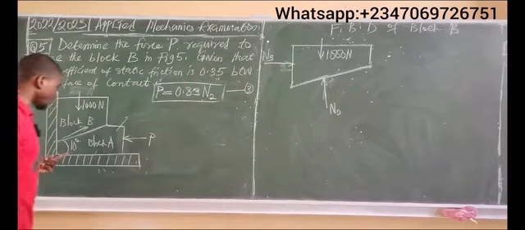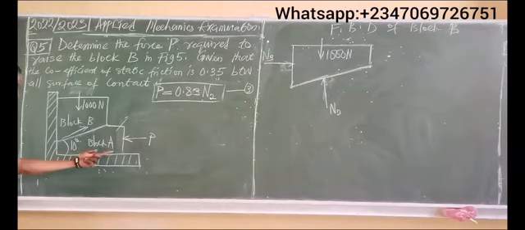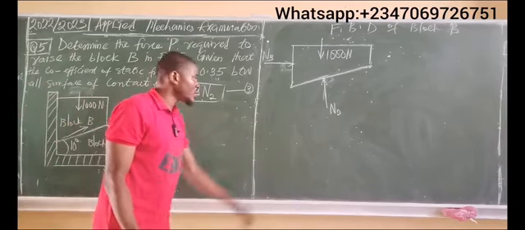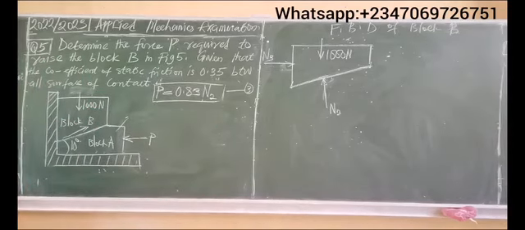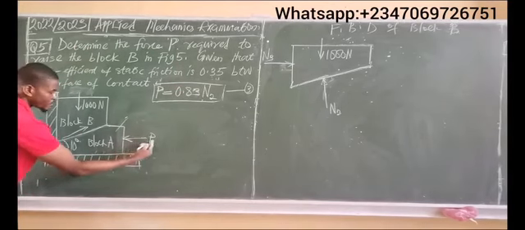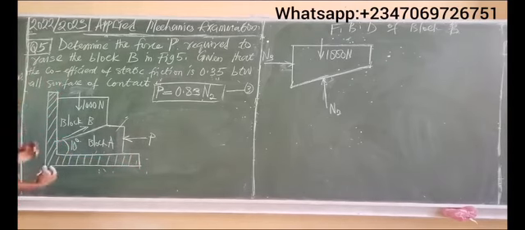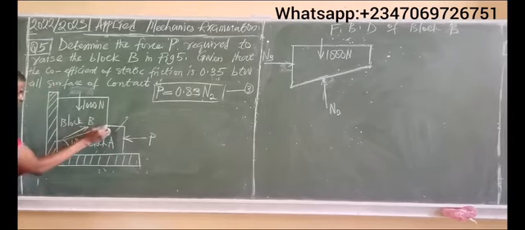Remember, the first one was here between block A and this surface. The second one was between block A and block B, which still remains here as N2. So this is the third normal reaction. And finally, as this force P is propelling block A to move to the left, observe please, this is an inclined surface.